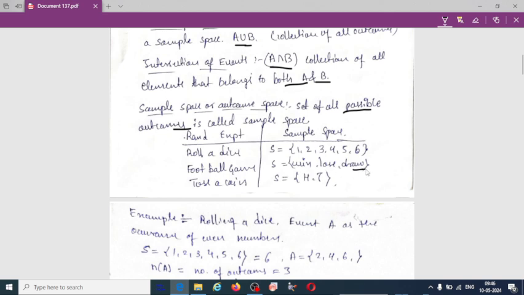This is the sample space for this game. If we toss a coin, we can get head or tail. This is the sample space for this random experiment. If we take two coins, we have the combinations head tail, tail head, head head, or tail tail. That is the sample space for two coins.